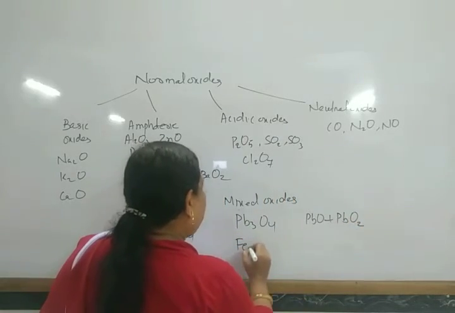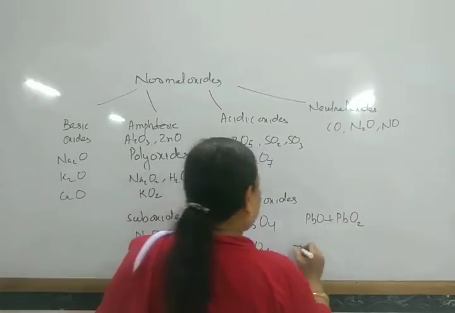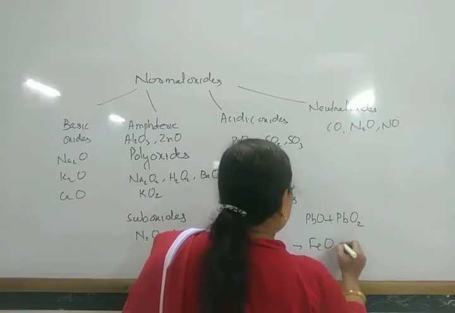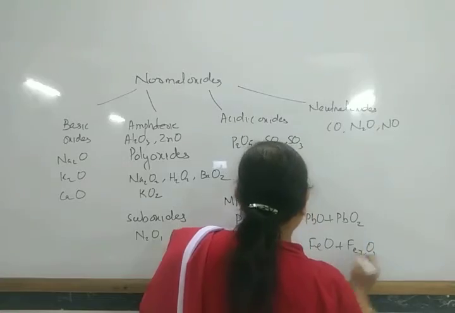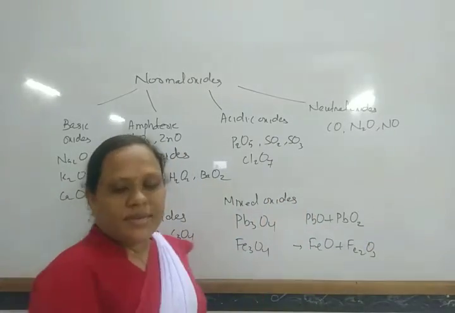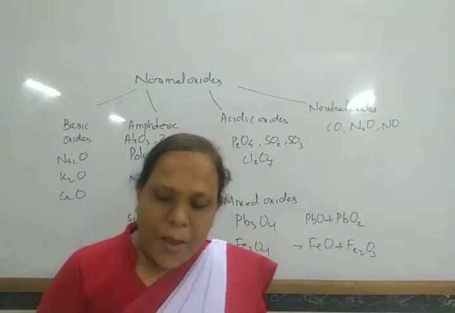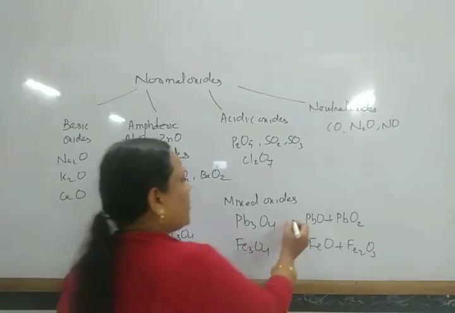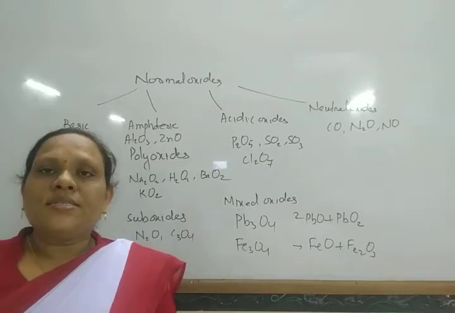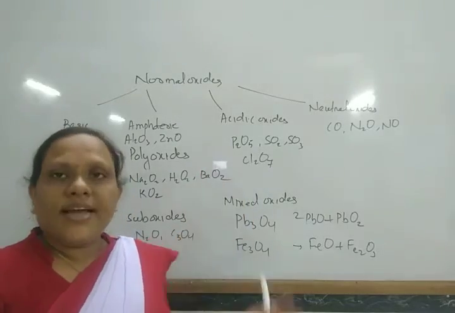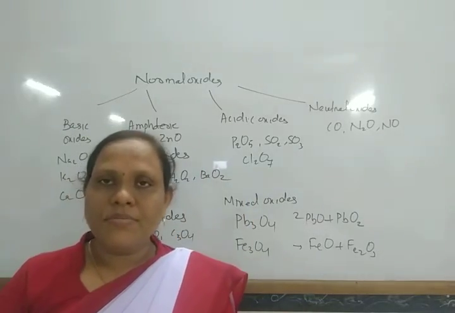Similarly, Fe3O4 is a mixture of FeO and Fe2O3. In this way, these are known as mixed oxides. These are some oxides and their classification.